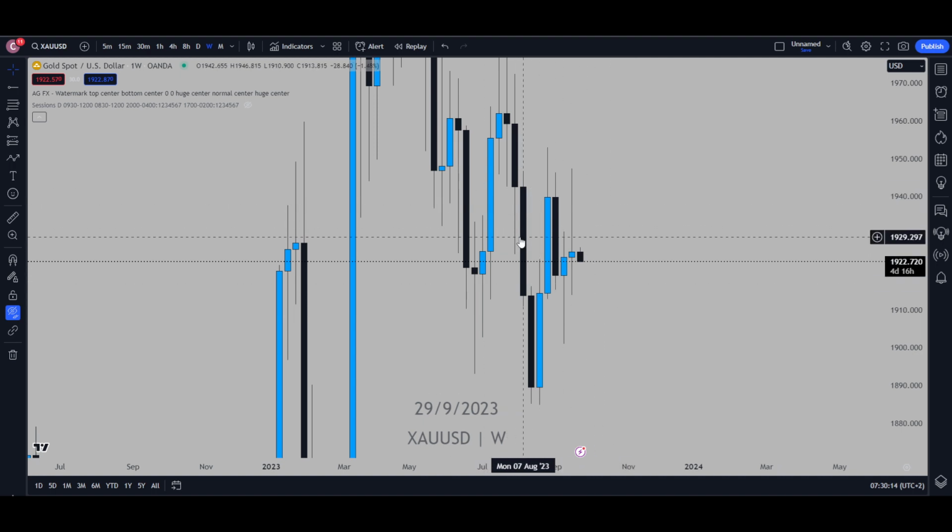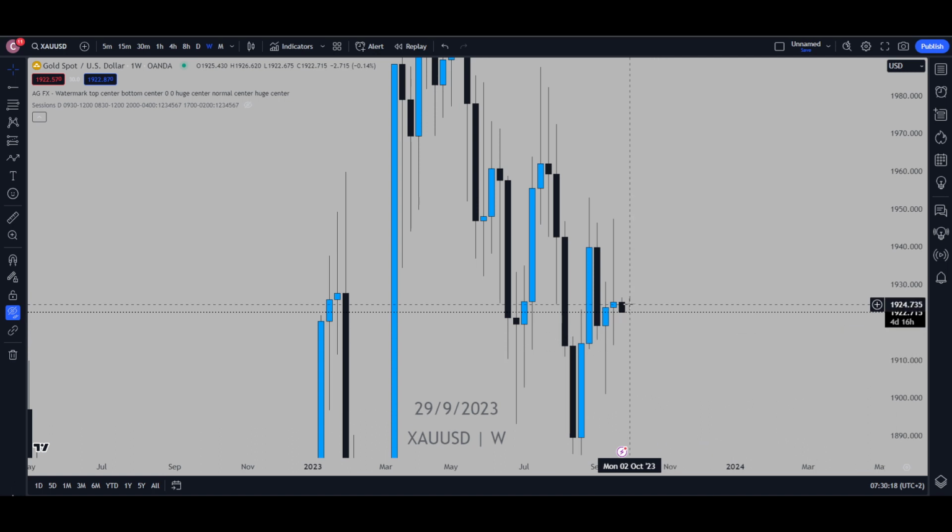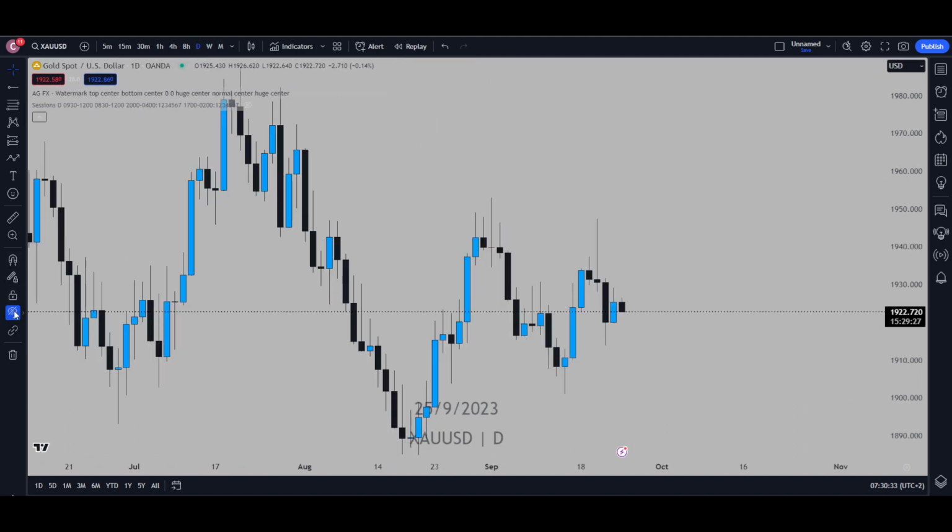So the weekly candle is very tricky to decipher whether this will be a rejection or a wick fill. But like I say, that's when we start to scale into the intraday time frames and see what's happening there. And you can see, based off what I've given already, what I'm looking at there.